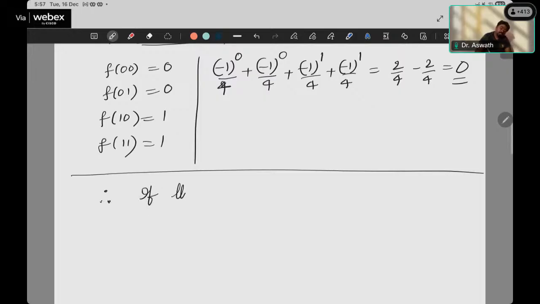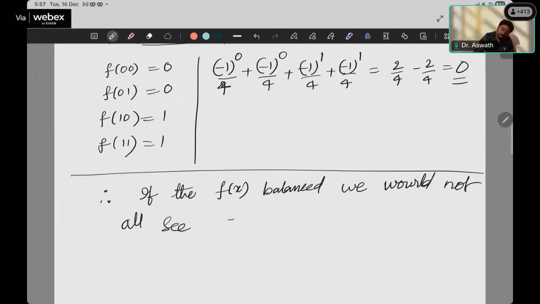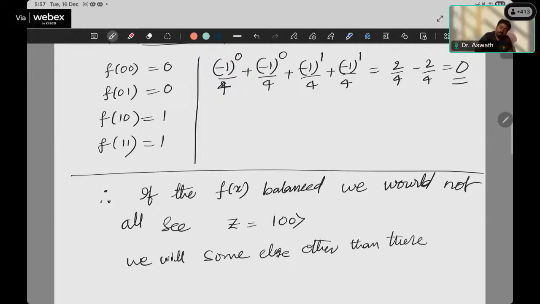If the function is balanced, we would not at all see z being 0, 0. That means we will see something other than this. What are those? It can be 0, 1, it can be 1, 0, it can be 1, 1.